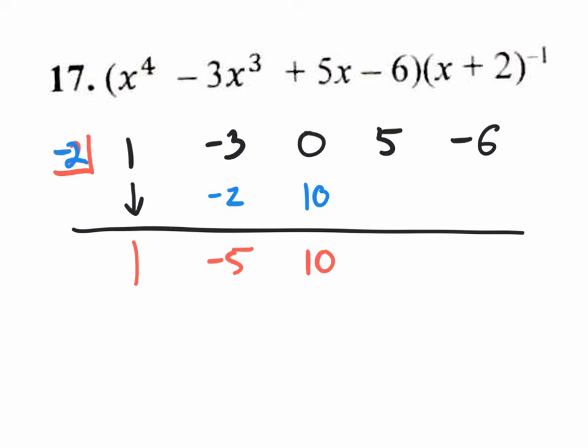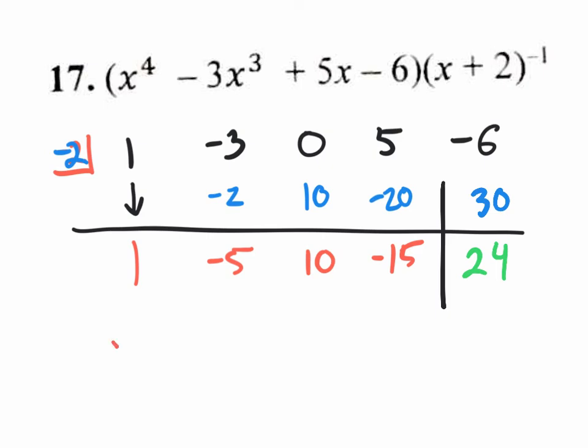The negative 2 times 10 is negative 20. The 5 take away 20 is negative 15. The negative 2 times negative 15 is positive 30. Everybody with me? Put the line right there. What's your remainder? Negative 24. Oh, no, 24.